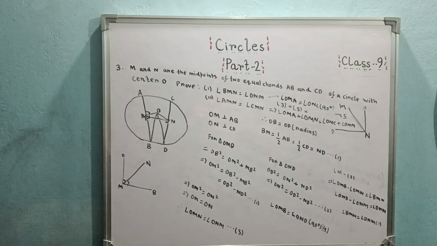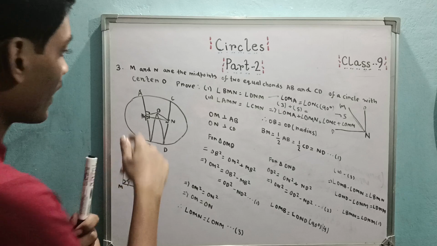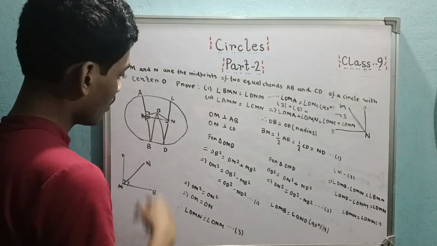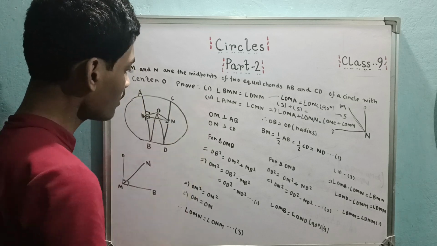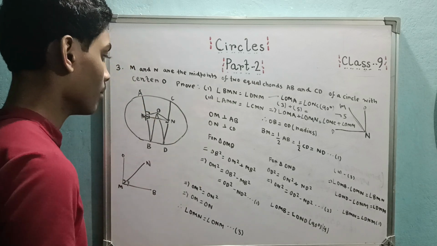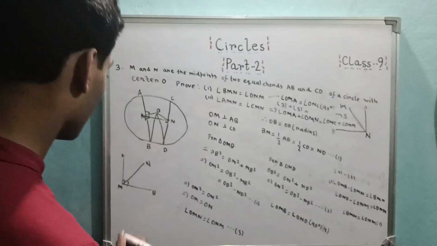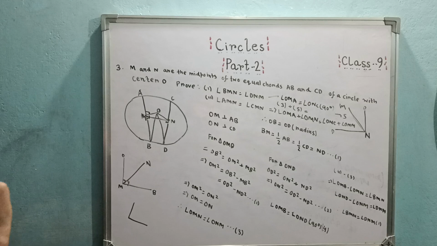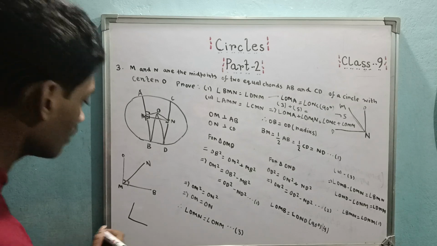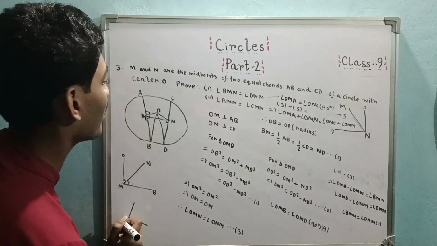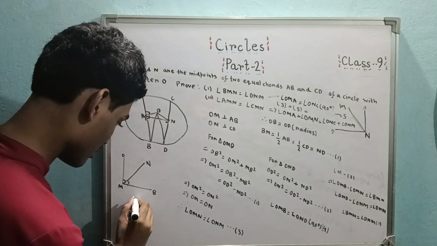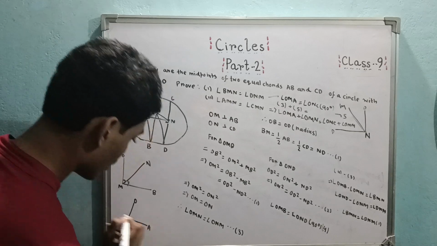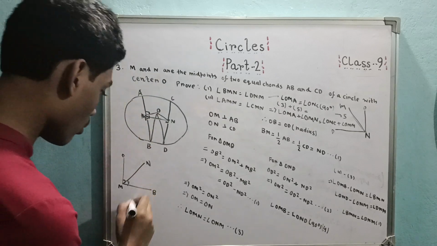Now see this. We had the angle OMA, and I had OMN. What does the actual angle become? AMN. It means it's like this. Suppose you have this angle OMA, and you end up adding OM.